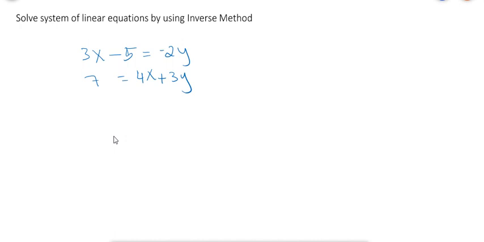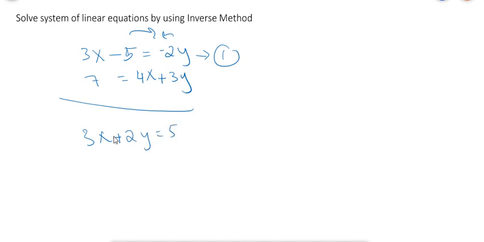So the first equation, 3x minus 5 equal to minus 2y, becomes 3x plus 2y equal to 5, and 4x plus 3y is equal to 7.